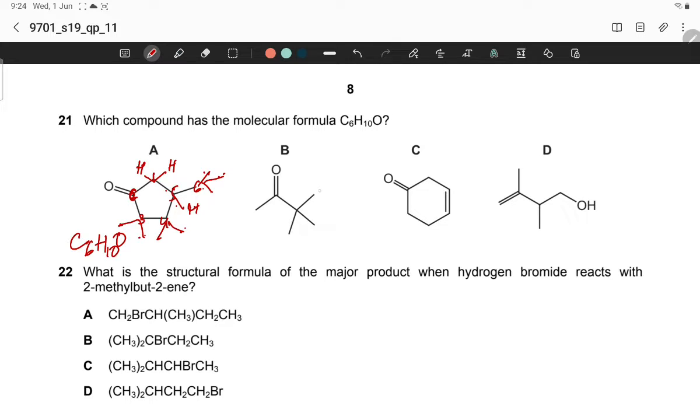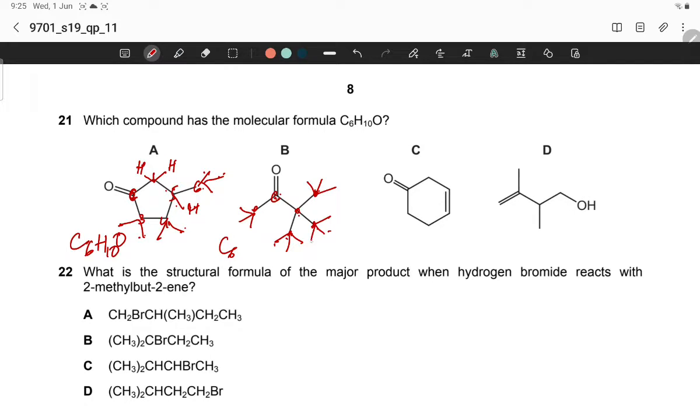and carbon, carbon, carbon and carbon. 1 2 3 4 5 and 6.